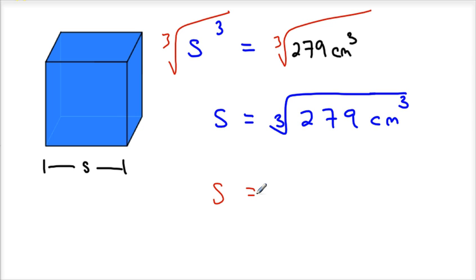Not an easy one. Start with easy numbers, like what's 10 times 10 times 10? Perfect. That's too big. 5 times 5 times 5. It's in between 5 and 10.